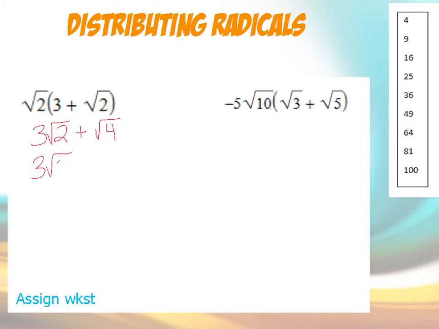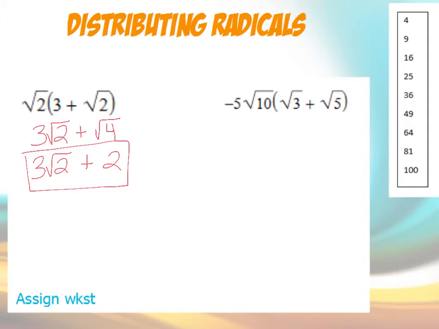I'll have a 3 square root of 2 plus 2. And we haven't talked yet about adding and subtracting, but you cannot add these two parts together because this one has a square root of 2 attached to it that needs to get multiplied by the 3 before the addition can happen. And I don't really have a nice clean way to do that. I'm done right there.